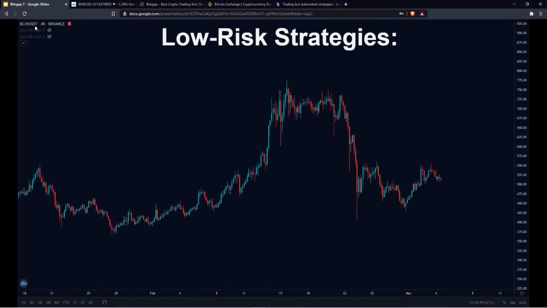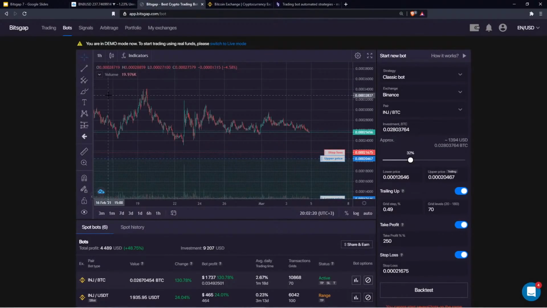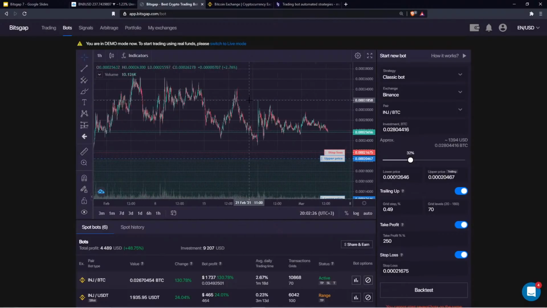We know that USDT is the crypto in which the bot generates returns, and we know that USDT is going to be $1 tomorrow, it's going to be $1 the day after tomorrow, so that's not the risk for us. Okay, so that's the only difference between the high yield strategy and low risk strategy. So what else?